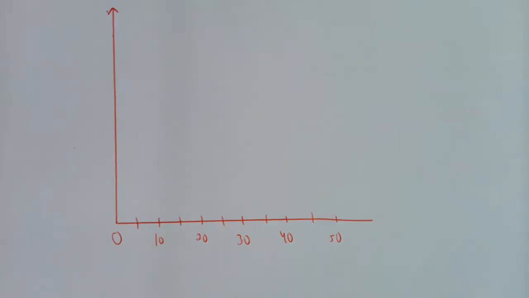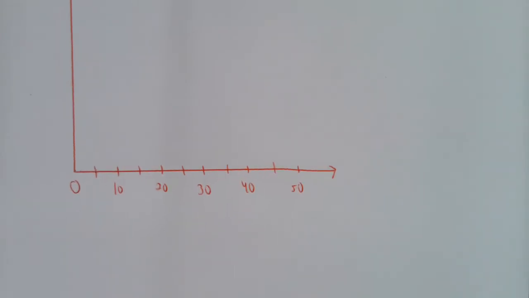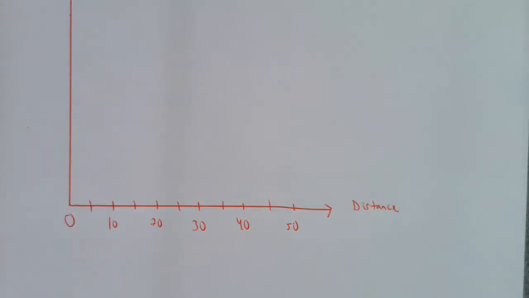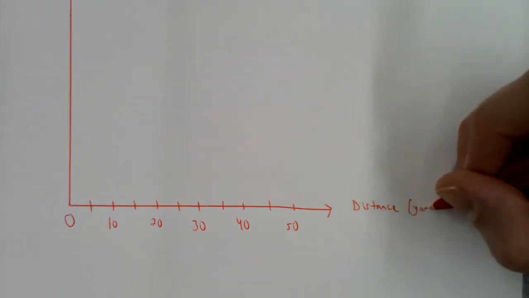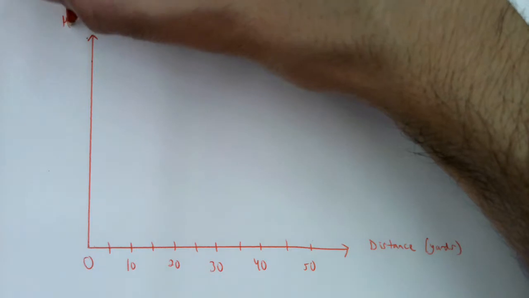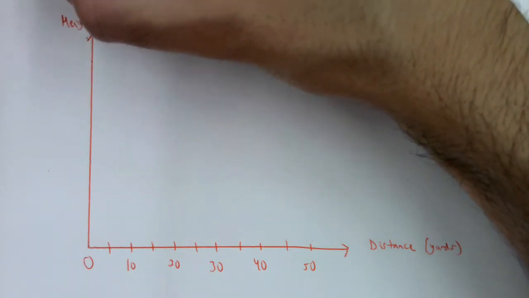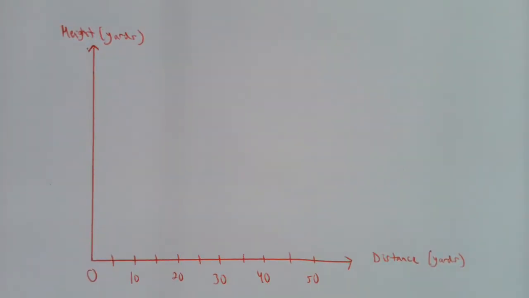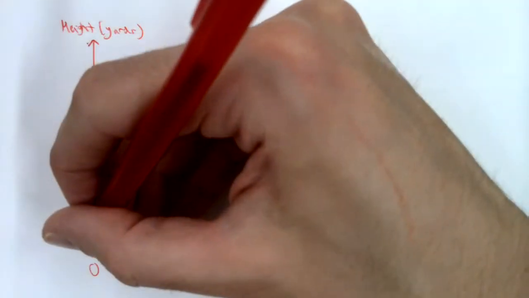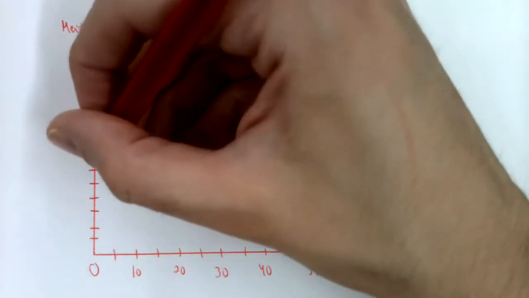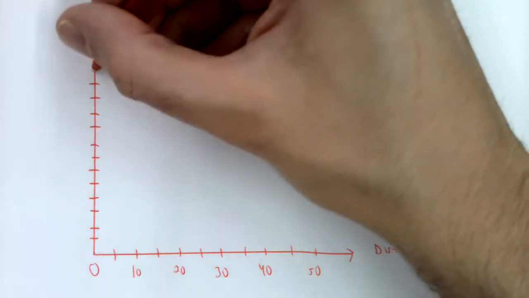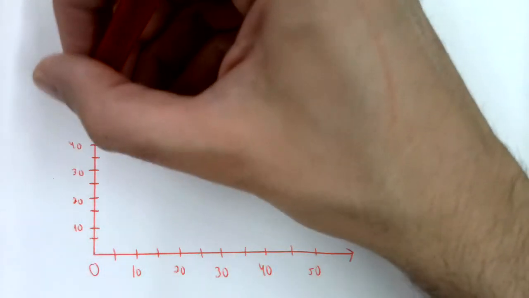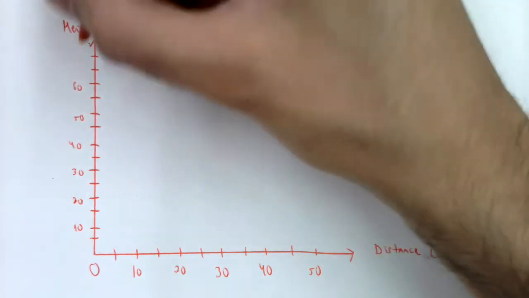No. I'm just doing it to show you. So this is the distance in yards right there. This will be the height right there. I'll do the same labeling, every other one: 10, 20, 30, 40, 50, 60, 70.